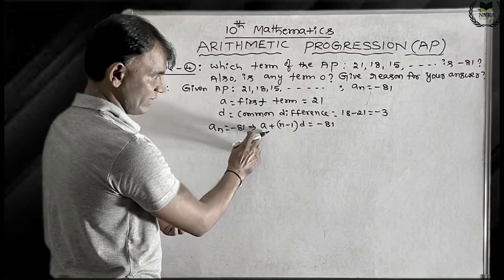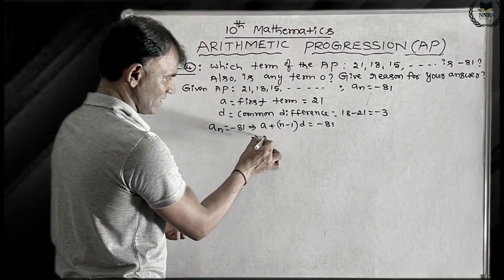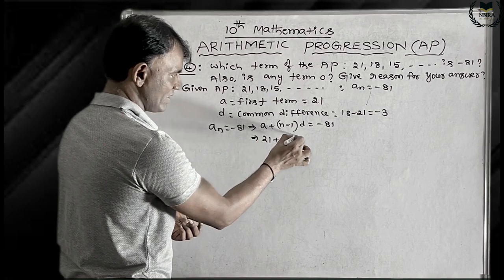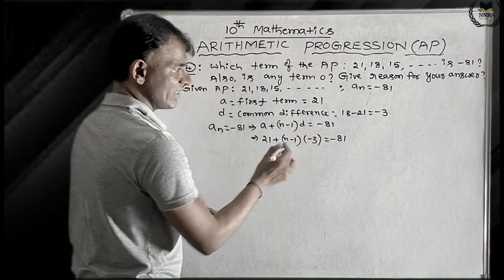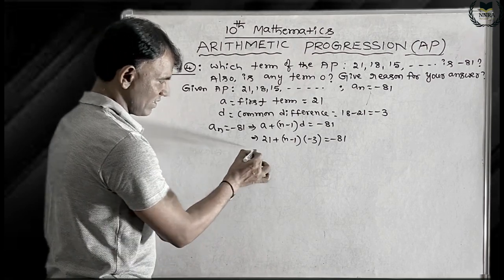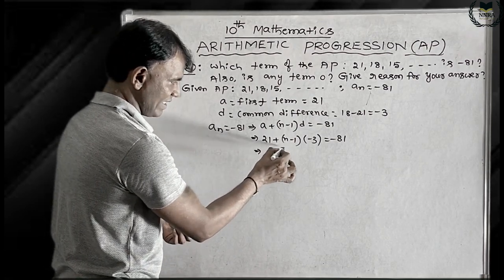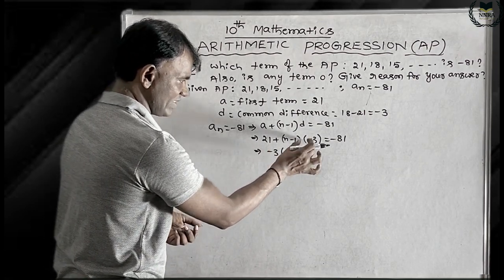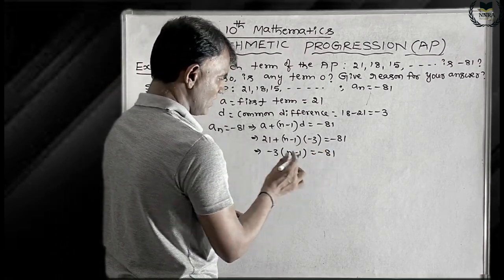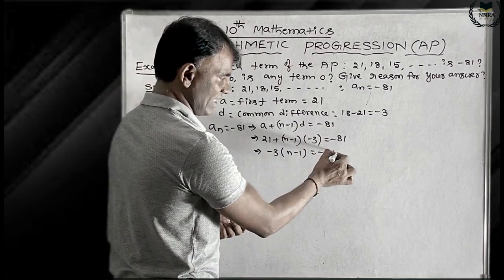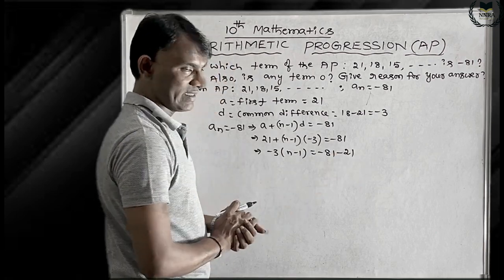What is the value of a? A equal to 21 plus n minus 1 into minus 3, equal to minus 81. Clear? Now minus 3 into n minus 1 is equal to minus 81. Now write this 21 that side, then we get minus 21.